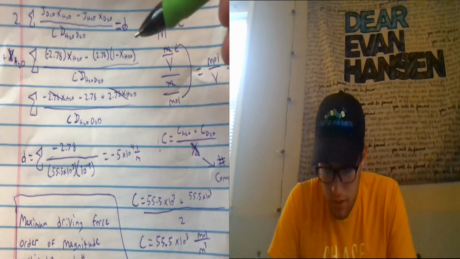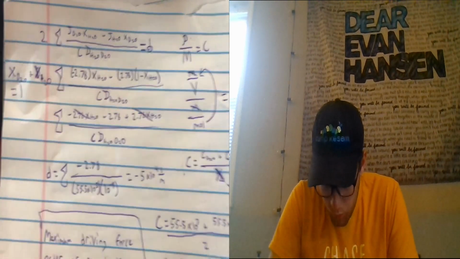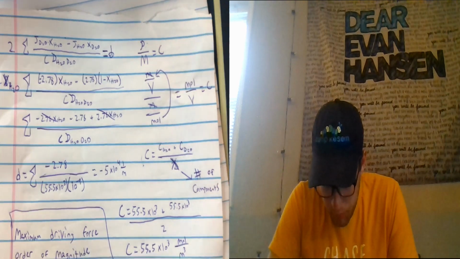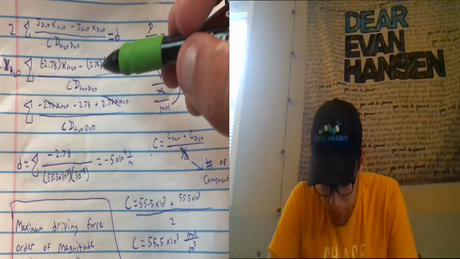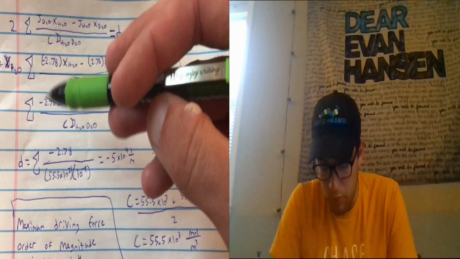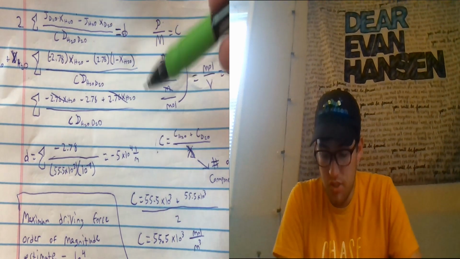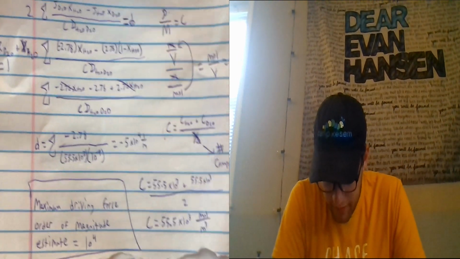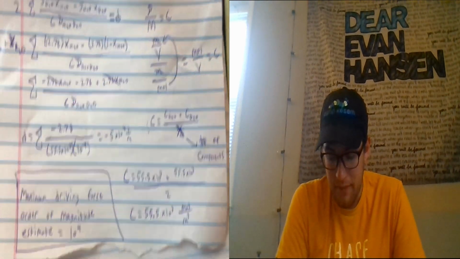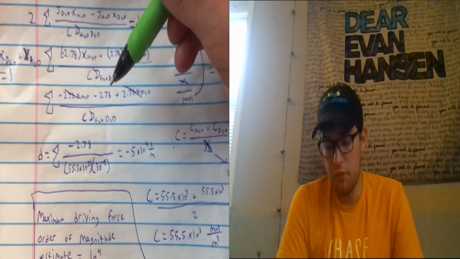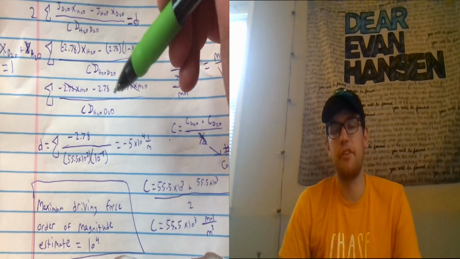When we do that, we have negative 2.78 mole fraction of water and 2.78 mole fraction of water, so these actually cancel out. We don't even have to worry about finding the mole fraction. That leaves us with negative 2.78 divided by the concentration of the system over the Stefan Maxwell diffusivity constant.